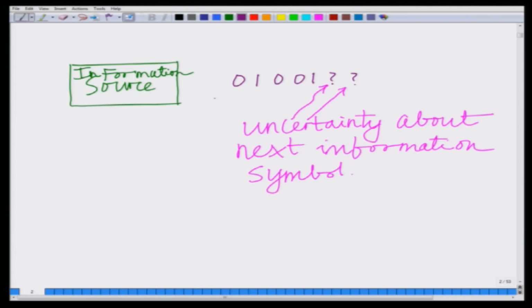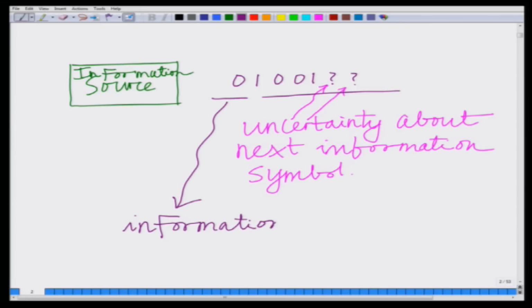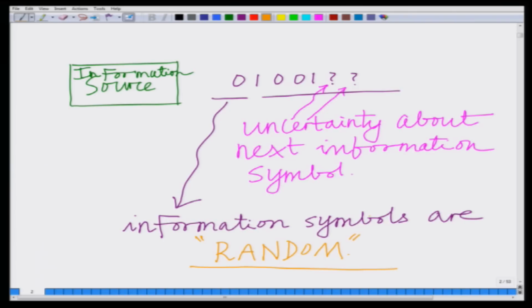Hence, these information symbols are random, or they are being generated randomly. That is a qualitative description of randomness. We say that the information symbols are being generated randomly because there is uncertainty regarding the next information symbol that is generated by the source.